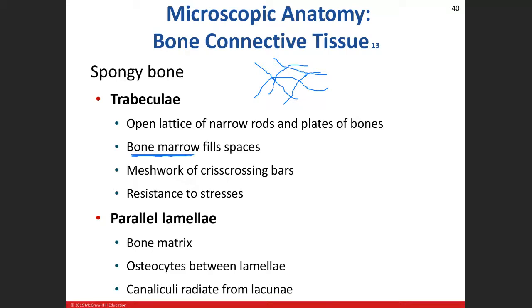And this spongy bone helps to resist stresses. Compact bone does too. I mean, it's wonderful. That's the main resilient part of the bone, the compact bone. But spongy bone, trabecular bone, will also contribute to that.